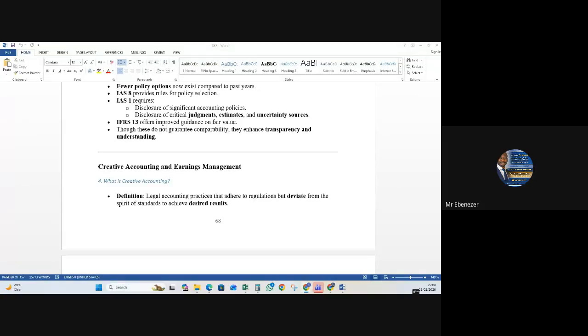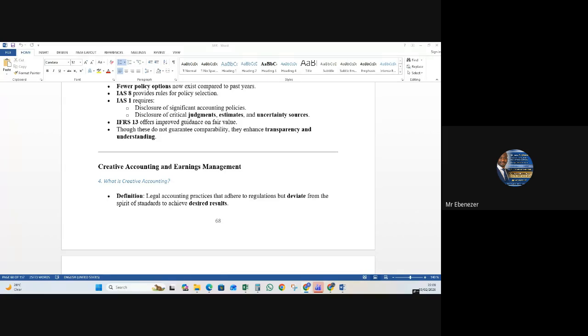So yes, thank you for that definition. Aggressive methods. Now, creative accounting is a legal accounting practice that adheres to regulations but deviates from the spirit of standards to achieve desired results.